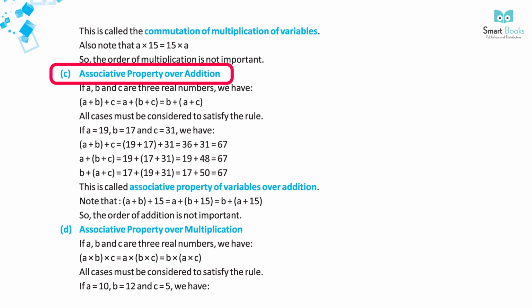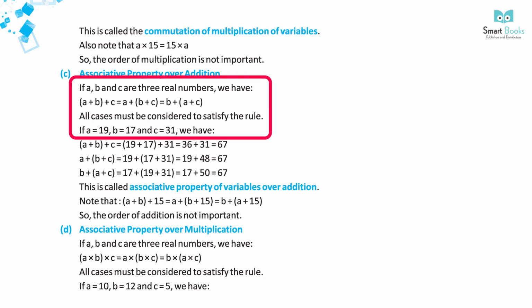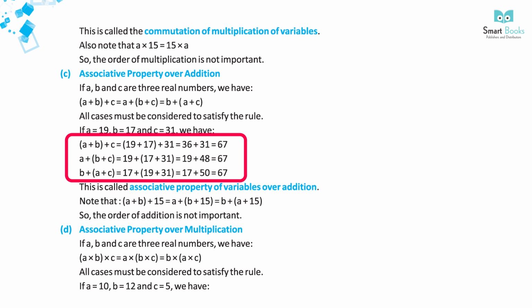C. Associative property over addition. If a, b and c are three real numbers, we have a plus b plus c equals a plus b plus c equals b plus a plus c. All cases must be considered to satisfy the rule. If a equals 19, b equals 17 and c equals 31, we have a plus b plus c equals 19 plus 17 plus 31 equals 36 plus 31 equals 67.